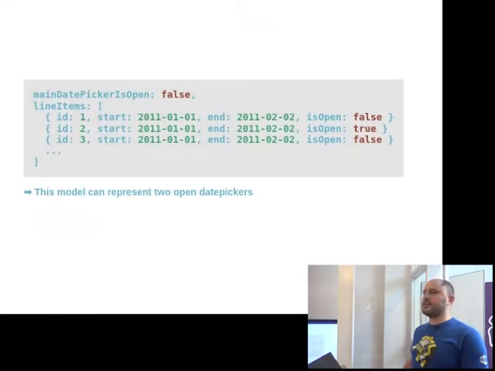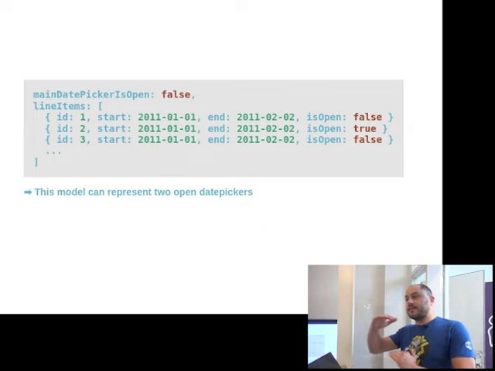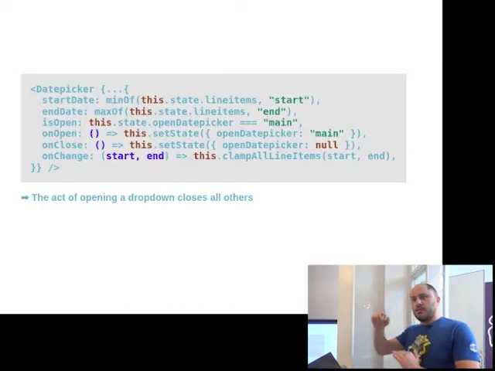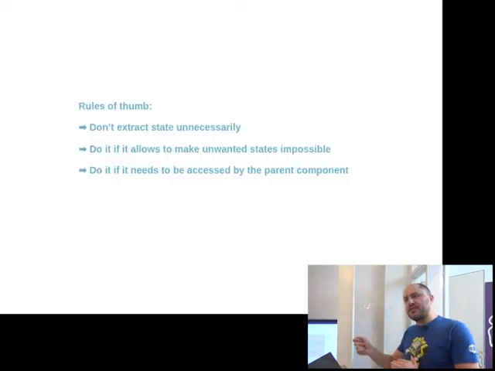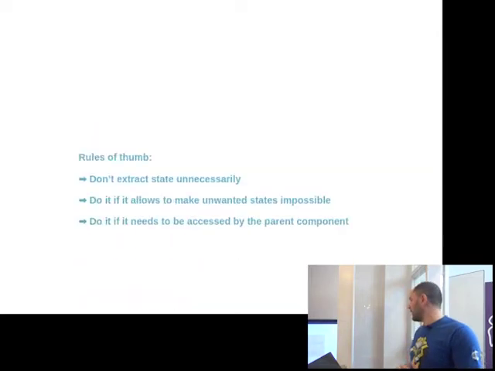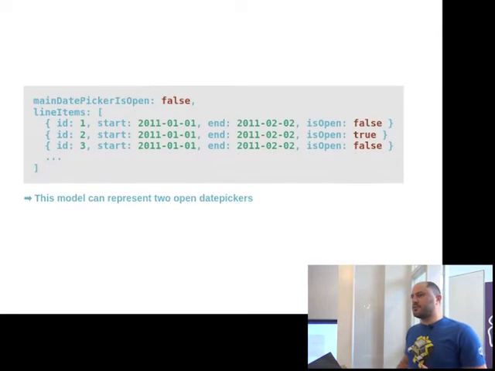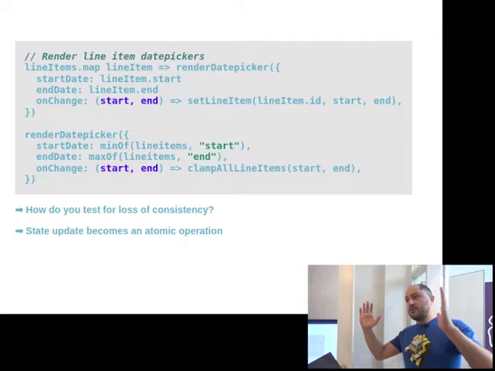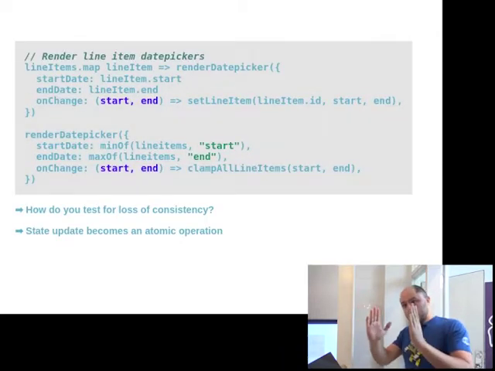Set line item will go and modify that list that we have. We'll take one line item and we'll change the start and the end date of that single line item. Clamp all line items will bring the interval of every line item to the selected new interval.